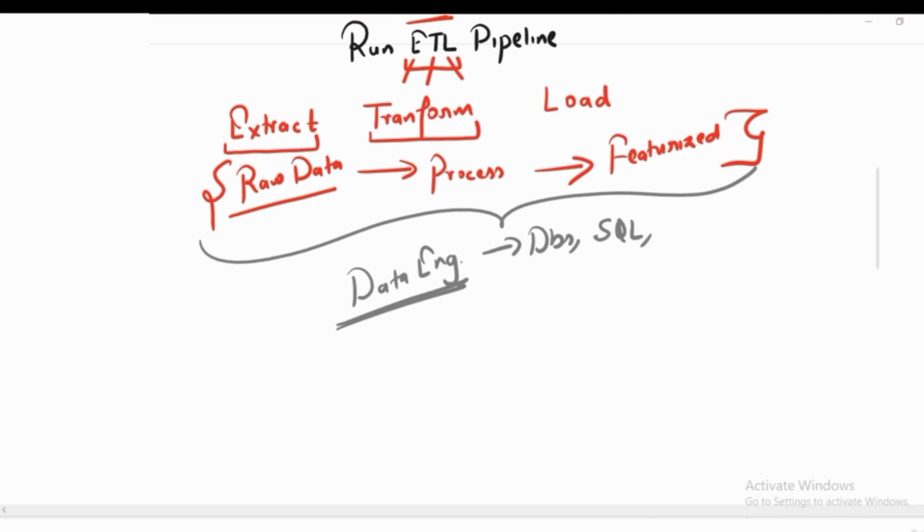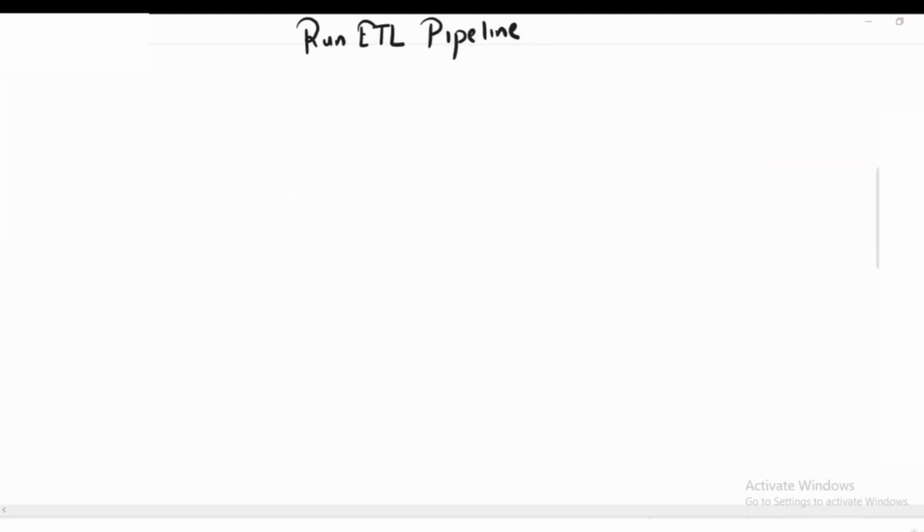Since we learned that the first step of this ETL is the extraction phase, you have to extract data. The data that you have could be available in a CSV file, often known as a comma separated values file. It means data inside this file are separated using commas.